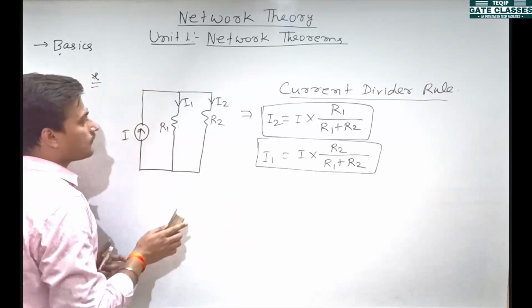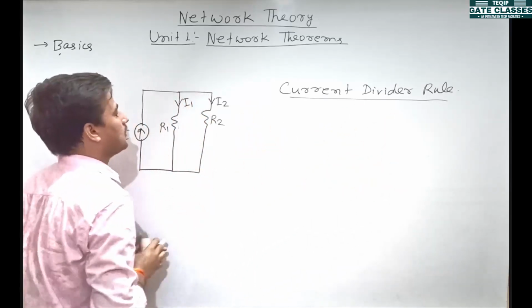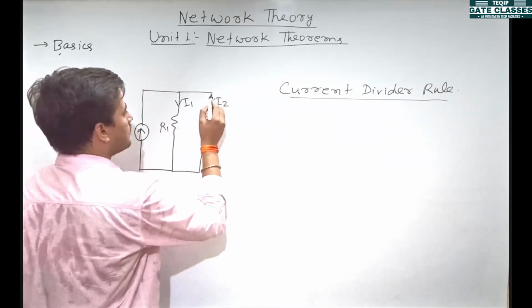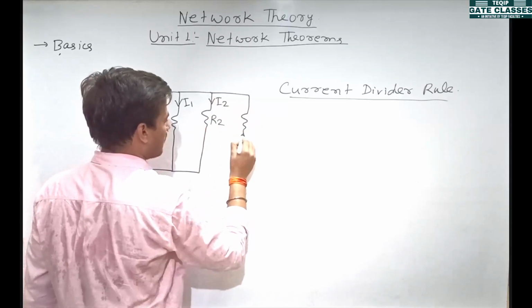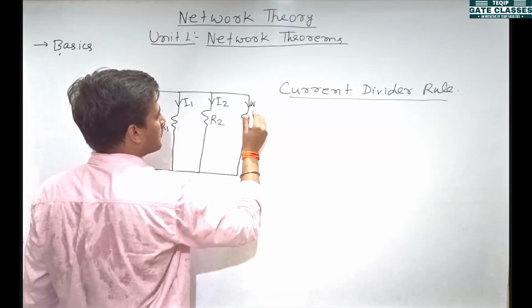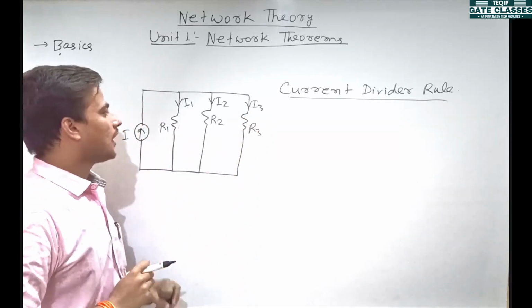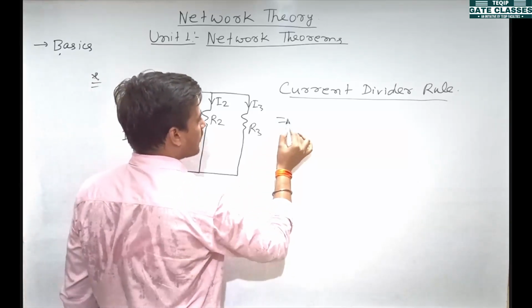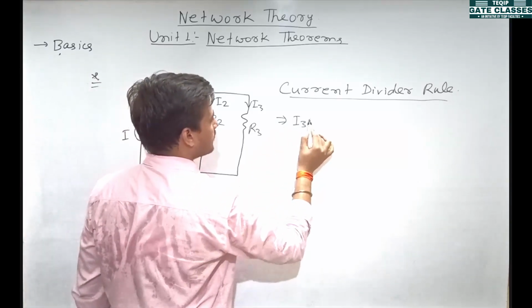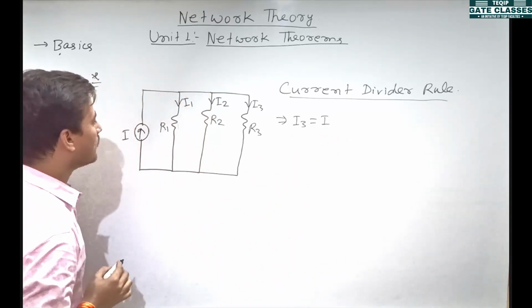Next, suppose you are having three resistors connected in parallel. This resistor is R3, and the current is I3. Now if somebody asks you to find the value of I3, what will it be?